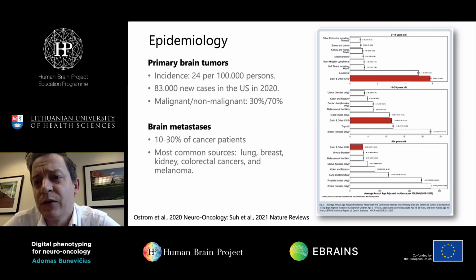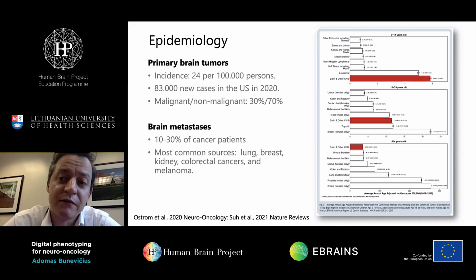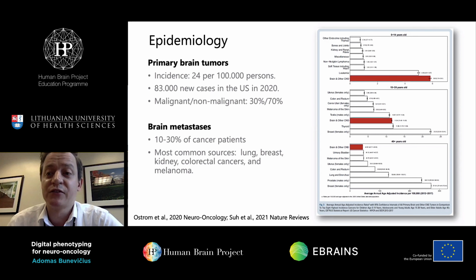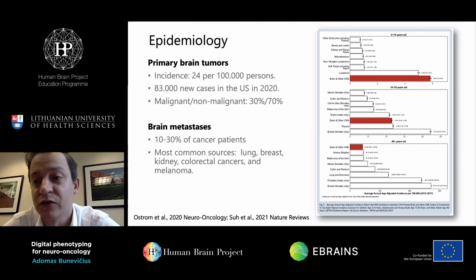Another big group of cancer patients is brain metastasis. As you know, different types of cancer can spread to the brain and cause brain disease, which needs to be treated. We have treatment methods for that, but because the global burden of cancer is growing, the number of patients presenting with these secondary metastatic brain tumors is also increasing.